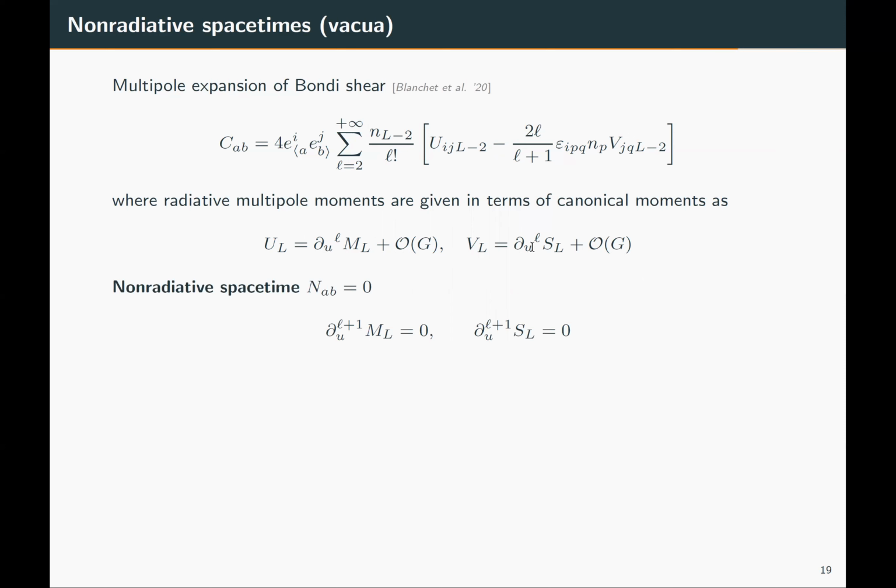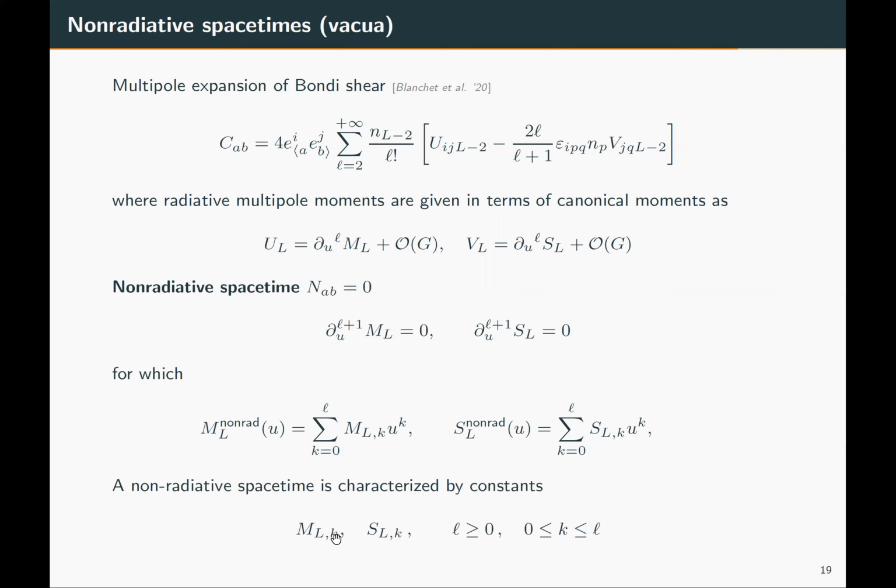So if the spacetime is non-radiative, which means that the news is 0, it means that the (L+1)-th time derivative of the canonical multipole moments is 0. And this implies that a non-radiative spacetime, or a radiative vacuum, is specified by these functions, which are polynomials in different powers of u, and the coefficients are called M_LK and S_LK.